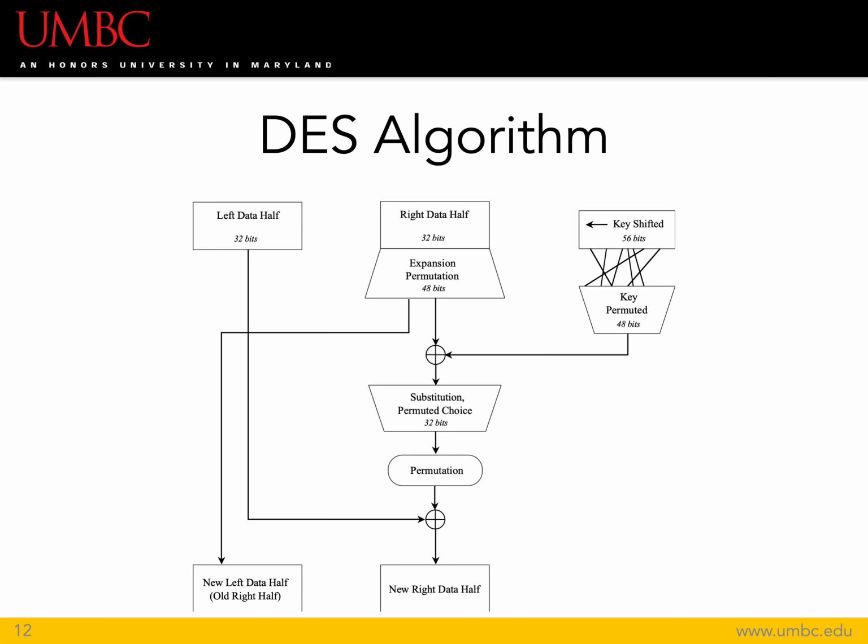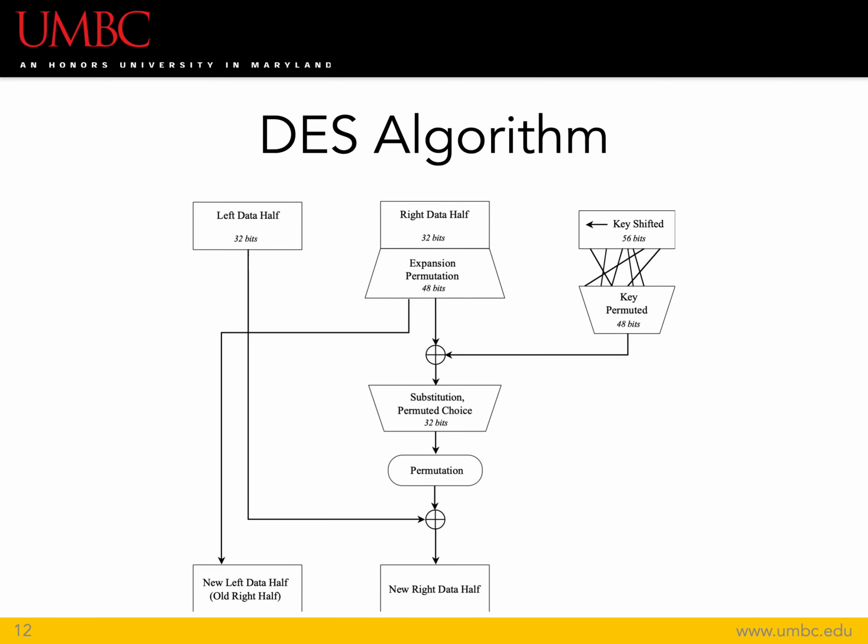Okay, so you kind of see that here in this picture. We have the left half of the data that's kind of just going down here, being permuted with this additional shifted stuff and creating the new right half, and then the right half of the data gets expanded a little bit, and then it becomes the new left half of the data. So that's really all that's happening over many rounds.